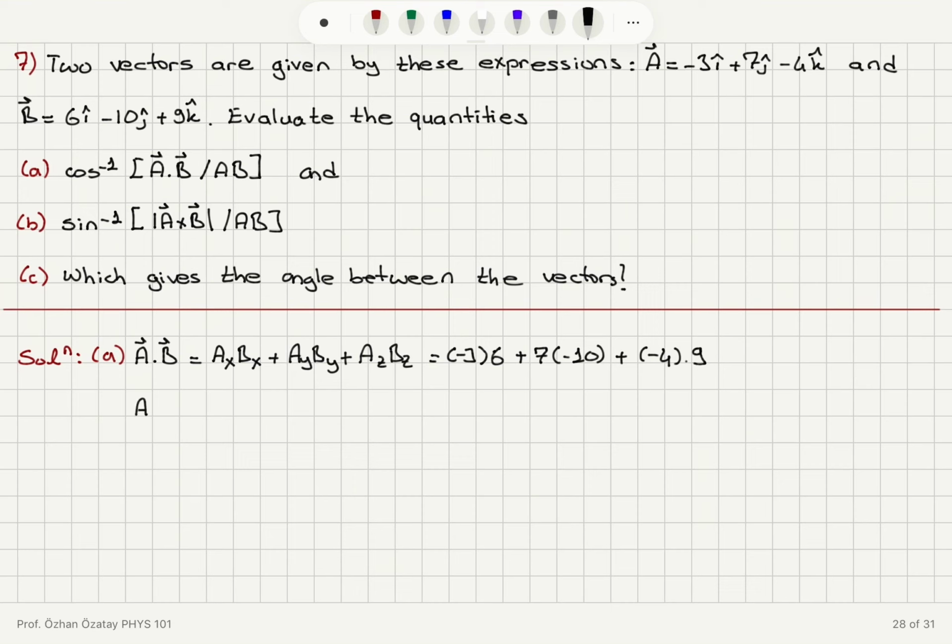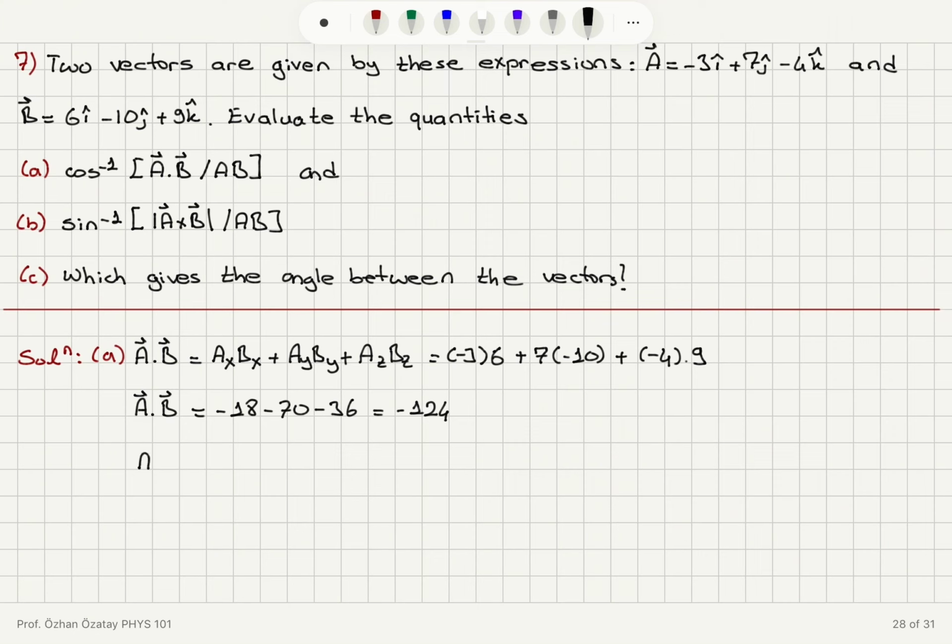So the dot product becomes A dot B equal to minus 3 times 6 is minus 18, 7 times minus 10 is minus 70, and minus 4 times 9 is minus 36, which is minus 124.